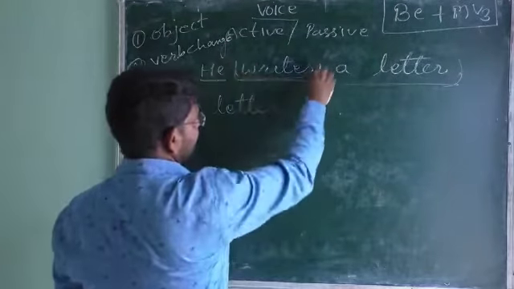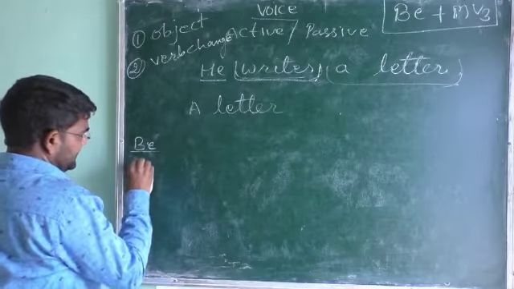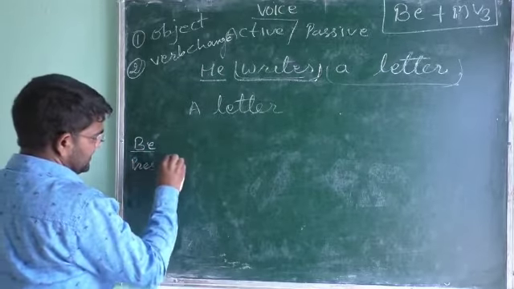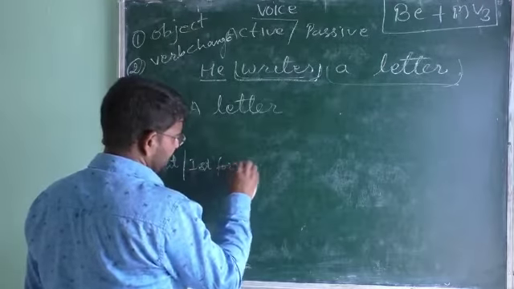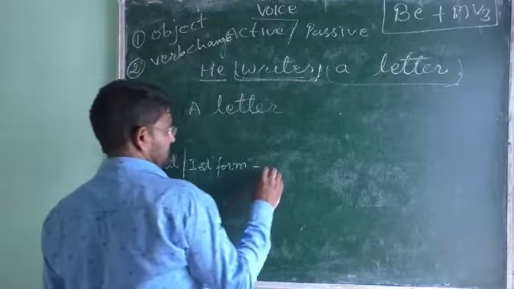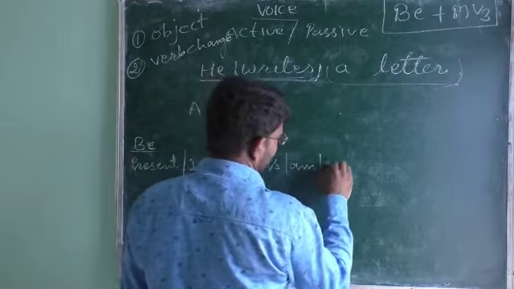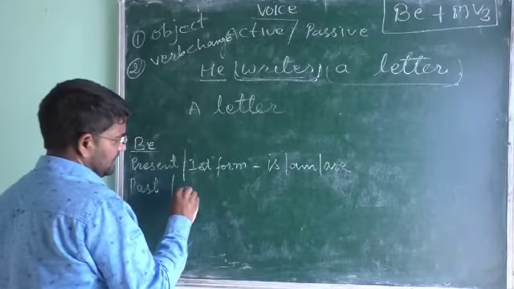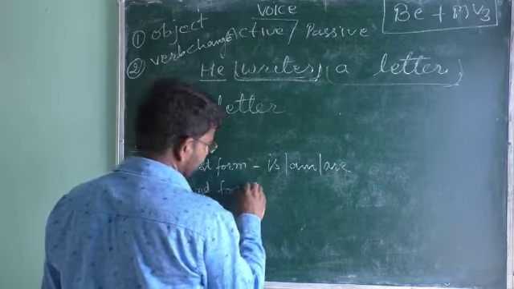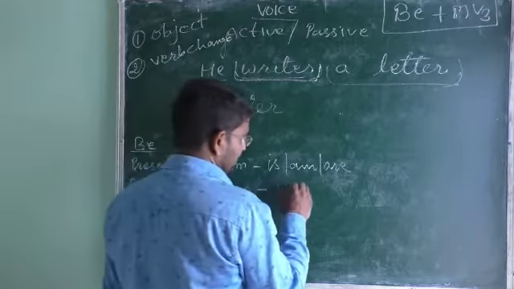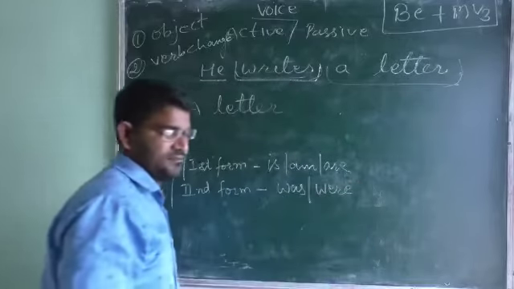What are the forms of be? Present and first form of be: is, am, are. Past and second form of be: was, were.